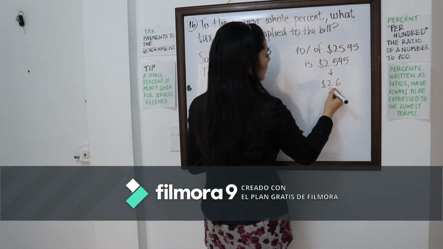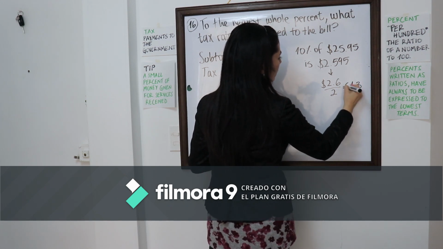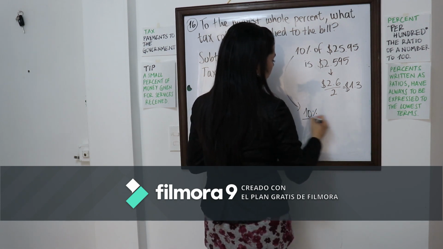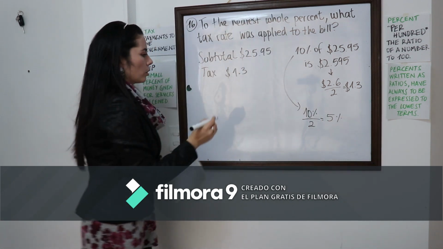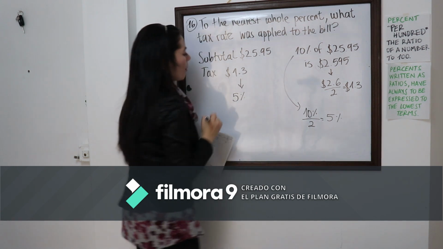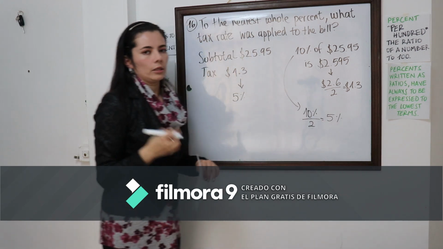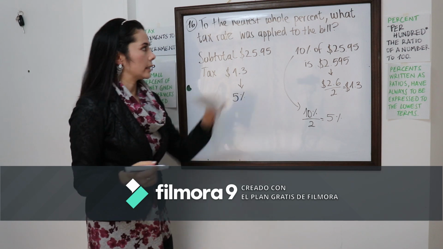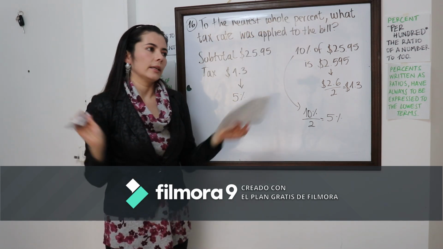If I divide this in two, I'm gonna get $1.30, which makes it for 10% to be divided into two. So that is 5%. So what we can tell everybody is that this is actually about 5%. How can I say it is about? Because remember, we rounded here. So it's not exactly 5% because we rounded over here, but since it has to be to the nearest whole percent, it should be 5%. Okay? That's pretty much it.